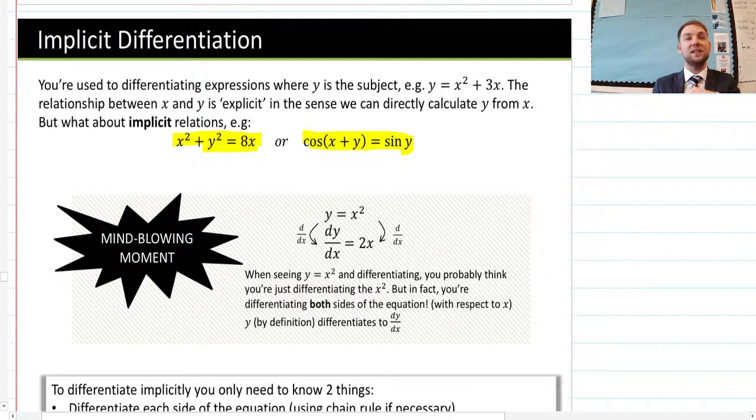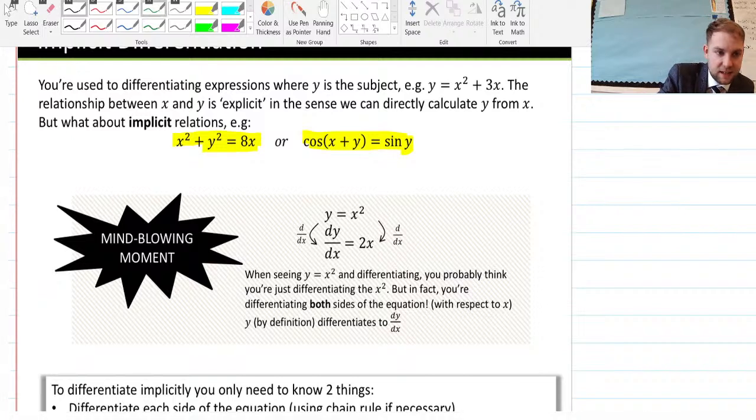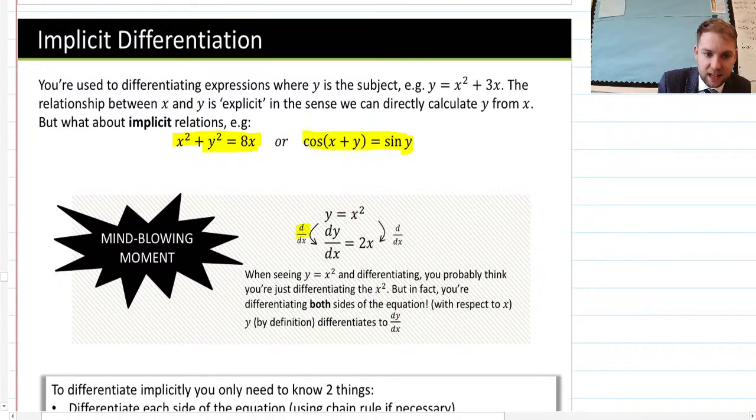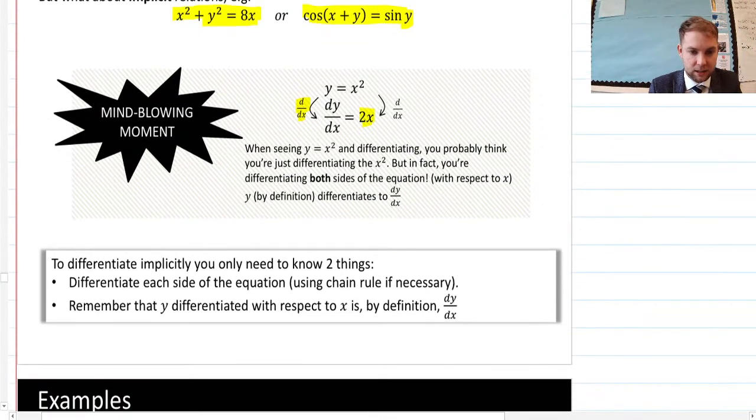If you look at this part where it says d by dx, the differential of y is dy, the change in y, over the change in x. And then you're differentiating this with respect to x as well. So actually what we're doing here is differentiating the y with respect to x and then that x squared with respect to x. Okay?